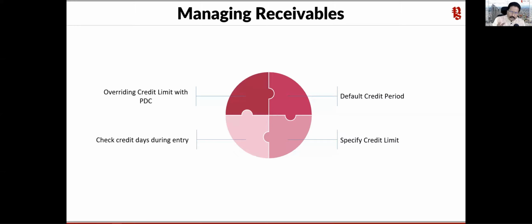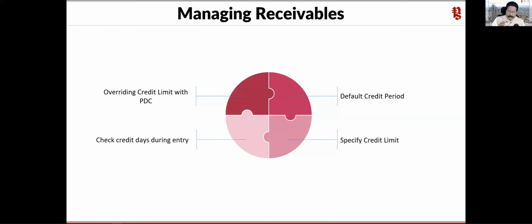The moment you account that post-dated check, literally you have received money, but you cannot encash that amount as on the current date. The amount will get realized once your current date moves into the date of the post-dated check that the customer has given you.